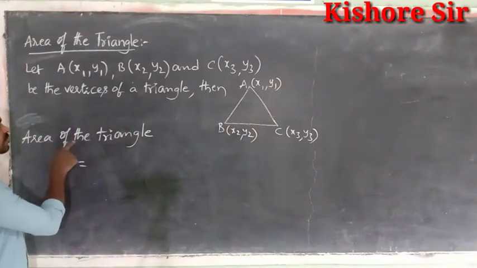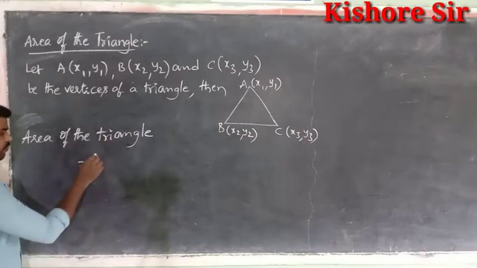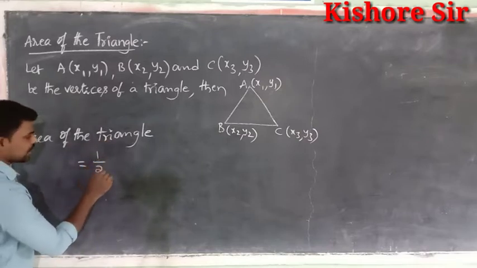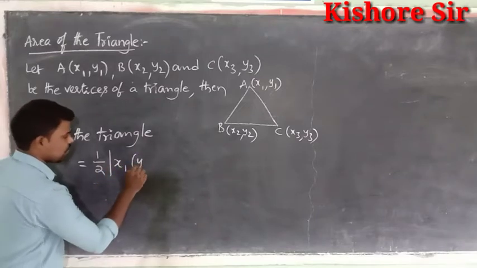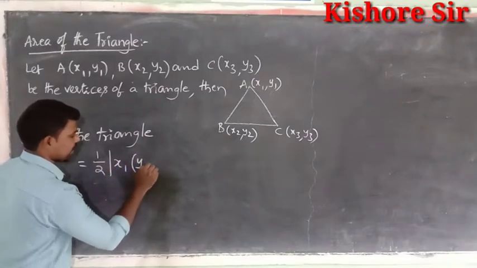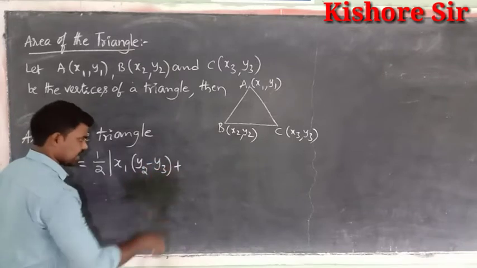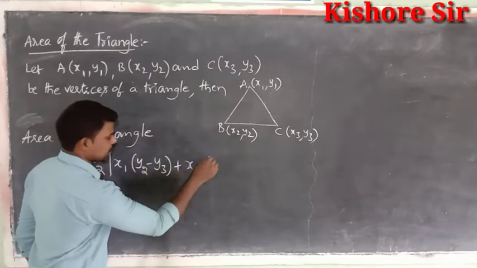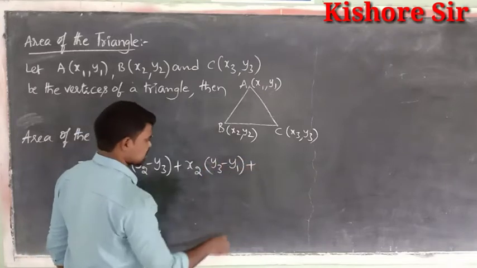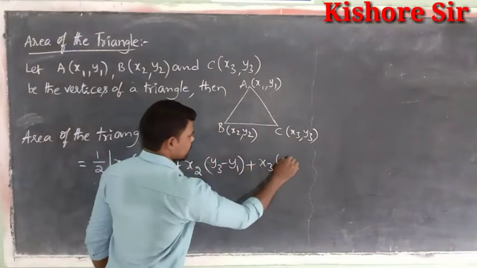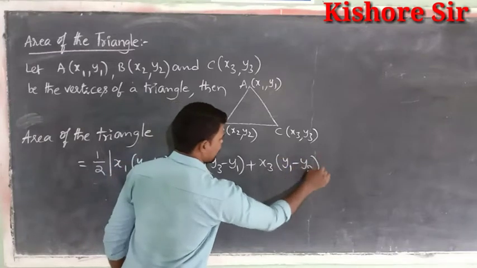Then the area of the triangle, the formula is 1 by 2 modulus x1 into y2 minus y3 plus x2 into y3 minus y1 plus x3 into y1 minus y2.